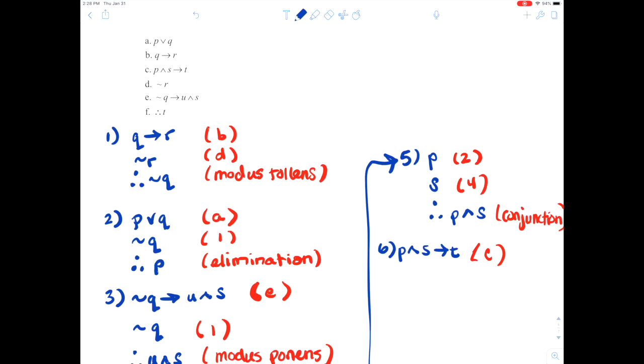Do we know anything else? What did we learn from 5? Awesome. We learned that P and S is given as a premise from that last conclusion. And that's from number 5. And so using, beautiful, the modus ponens, we'll get our conclusion of T.